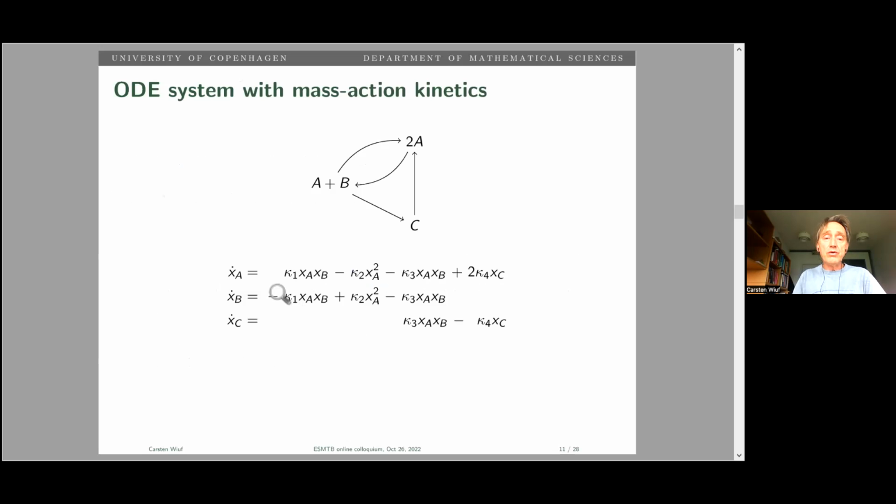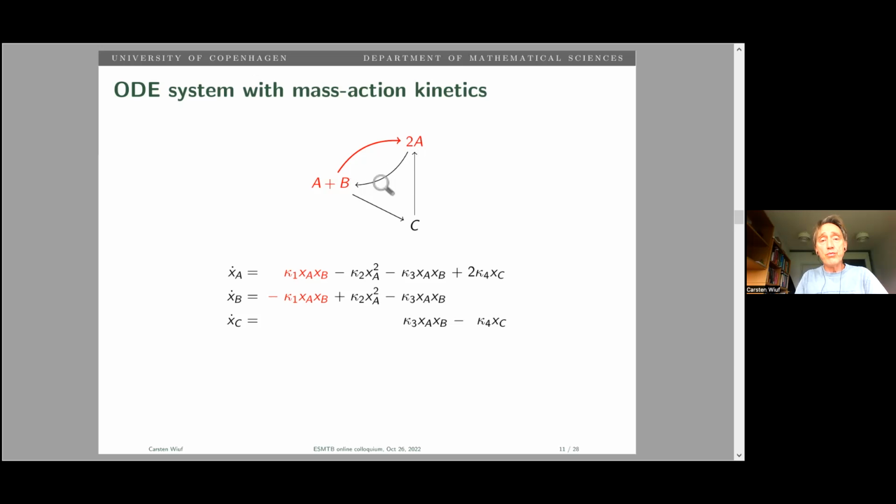Using that, we get a dynamical system by adding the contributions from each of the reactions. So here, x dot A means the derivative of the concentration of A over time, and similar for B and C. And what we get here is, if we look at the first reaction, A plus B goes to 2A, then we see that in this process 1 B is lost.